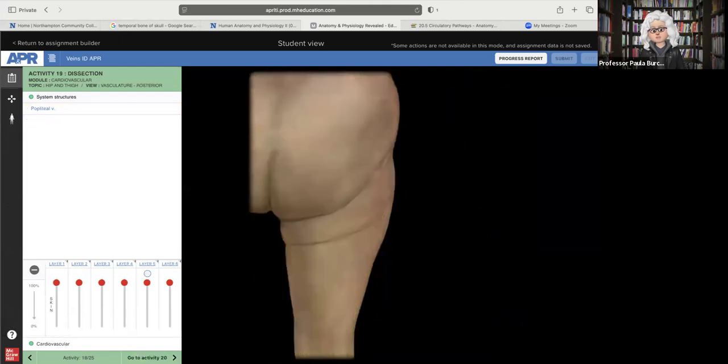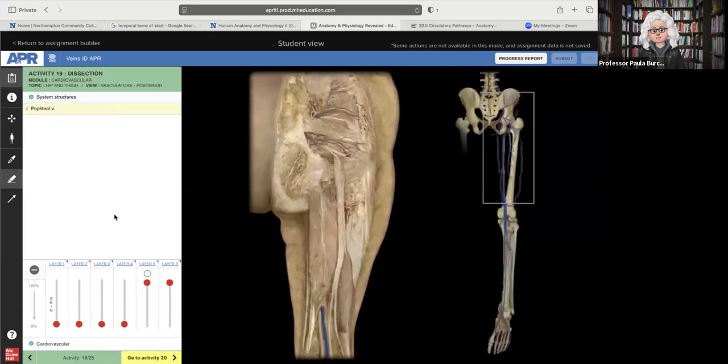All of these are going to go ultimately into that external iliac vein. Back of the knee, remember that's the popliteal. So what happens is the femoral is going to be anterior, and then it's going to go posterior here. And when it gets to the back of the knee, we call it the popliteal.